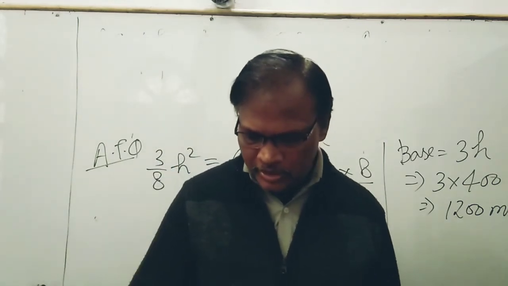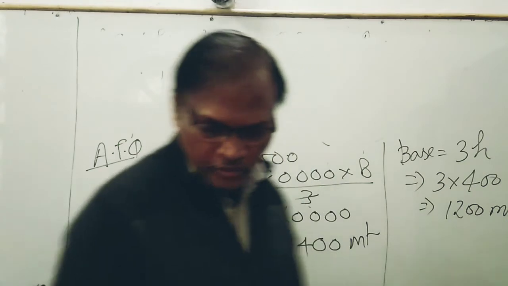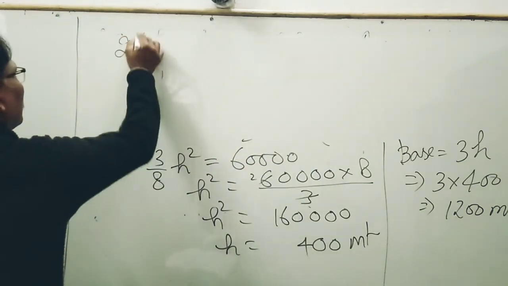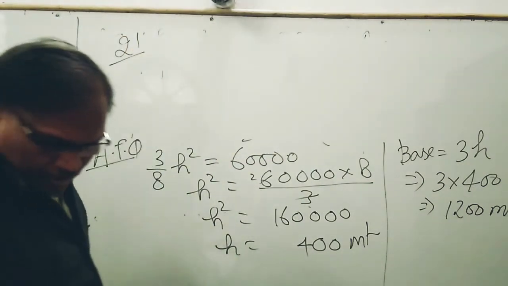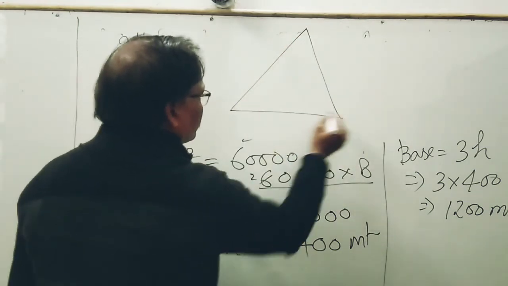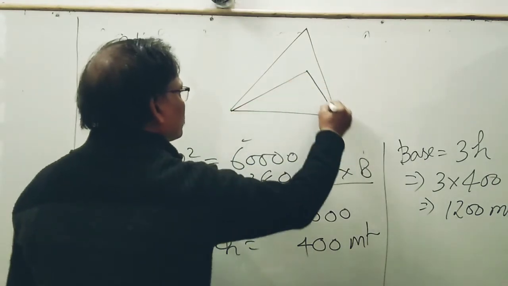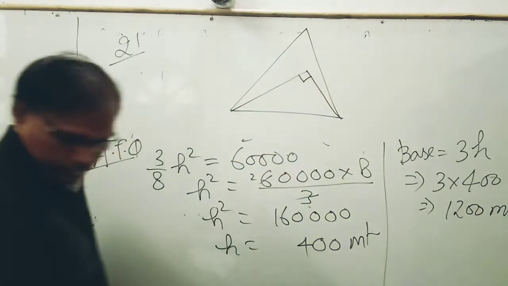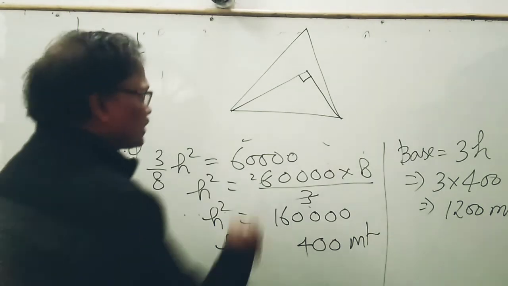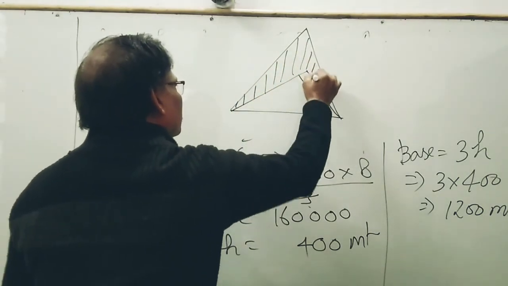एक क्वेश्चन और है इसमें, बाकी इजी है वो क्वेश्चन, बट यू कैन डू. Figure is given. The two triangles are given and the shaded part is this.